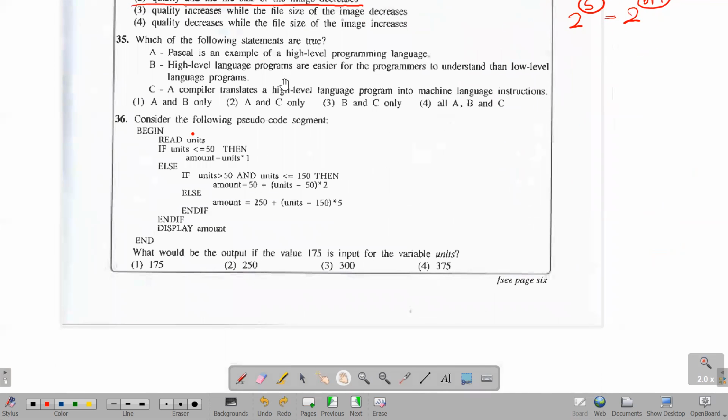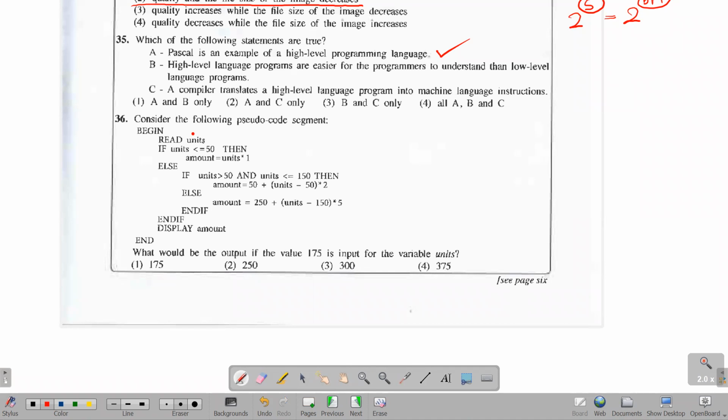35th, which of the following statements are true? Pascal is an example of a high-level programming language. Yeah, that is correct, because there are only two low-level programming languages, which are assembly language and machine language. All other languages are high-level languages. And B, high-level language programs are easier for programmers to understand than low-level language programs.